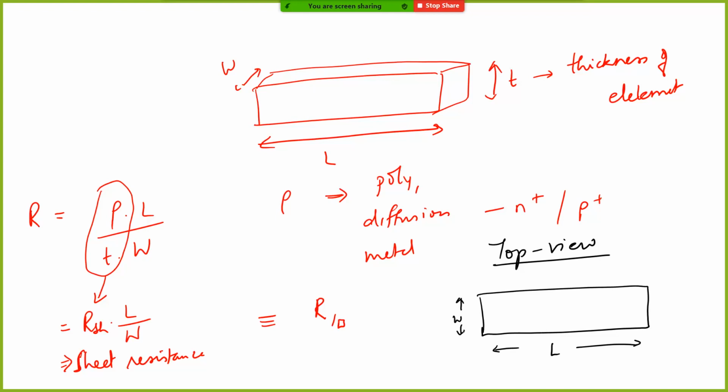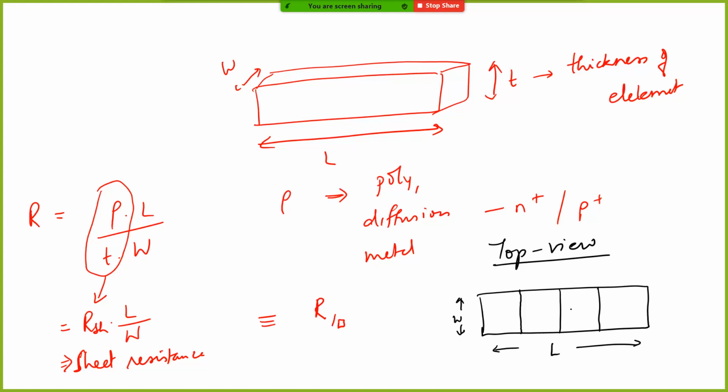What do we mean by L by W? It is the ratio of the length to the width. Another way to understand it is to ask how many squares it contains. Let's assume this is a square: 1, 2, 3, 4. If you assume L equals W, then taking the L by W ratio gives you so many squares.